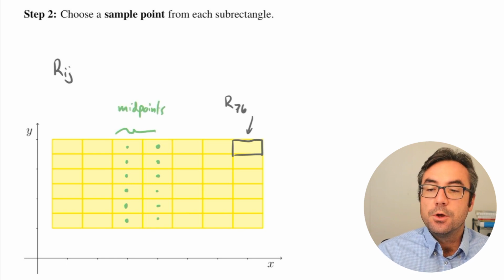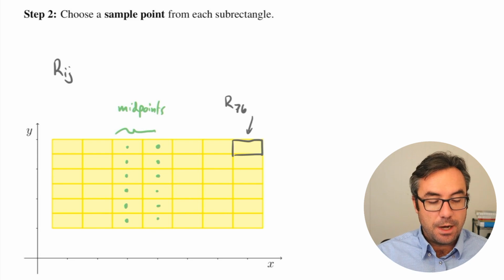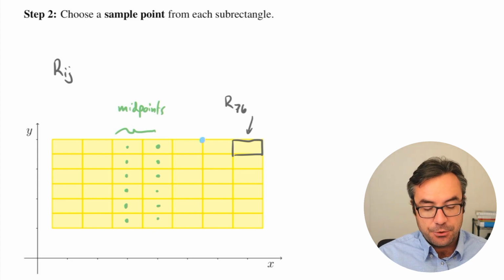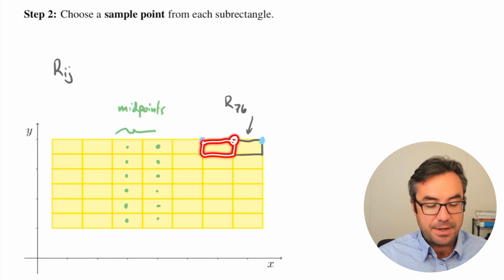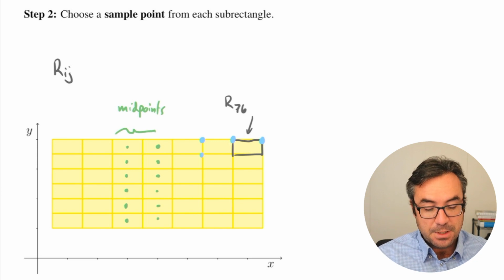Or we could do all upper right endpoints. So we could do all the upper right corners here. So for this rectangle, I would pick that sample point. For this rectangle, I would pick the upper right corner, so that's the sample point. For this one, I would pick that one again. So we could do that. And we end up with something that would look like this.